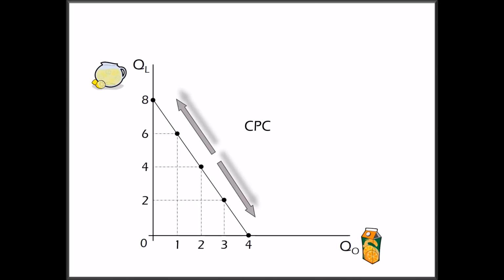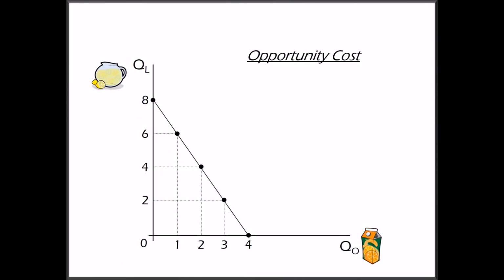Changes in preferences lead to changes in the choice of consumption, but not of the CPC itself. As long as the combinations are efficient, the choices of the individual will lie on the line. As an individual chooses to consume more of one product, he or she loses the opportunity to consume units of the other product. Let's assume that this individual initially chooses to consume 1 unit of orange juice and 6 units of lemonade.